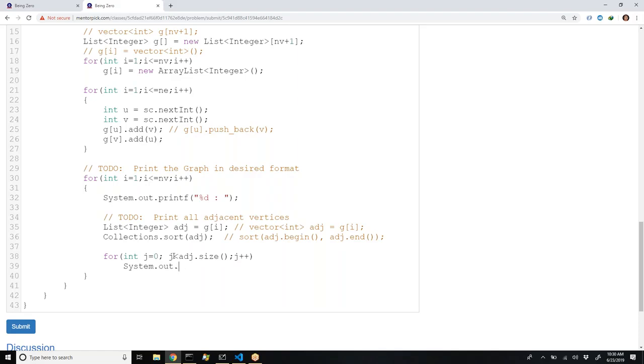System.out.printf percent d. What do I print? adj.get of j. In C++, if it is a vector, we could have directly done adj of j.